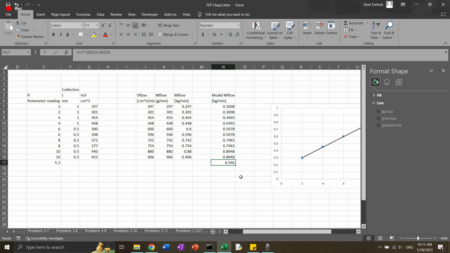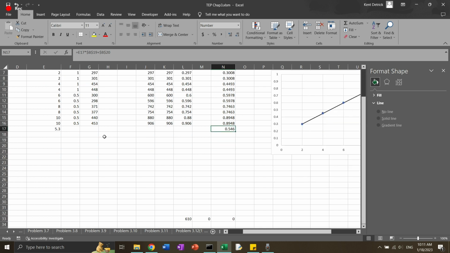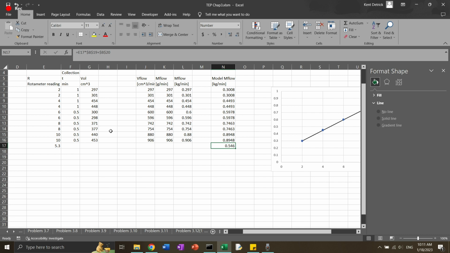So let's go ahead and do that on the computer. We've got our rheometer reading here, and then we've got our mass flow rate. They did theirs in grams per minute, so I'm just going to move grams per minute over here. And then they have a difference between the two. So this is R, and this is M flow.